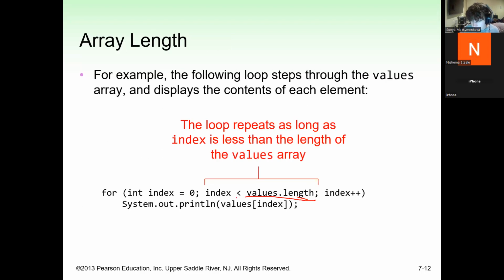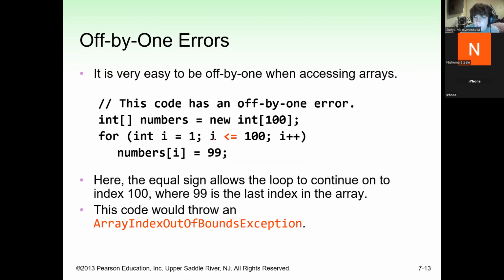Now, you can see here that we are using just a less than sign, not less than or equal, because if we use less than or equal, then we will get an array index out of bounds exception. And that will happen because if we are creating an array of 100 elements, and then we are trying to run this loop up until 100, that's not going to work because our index ends at 99.